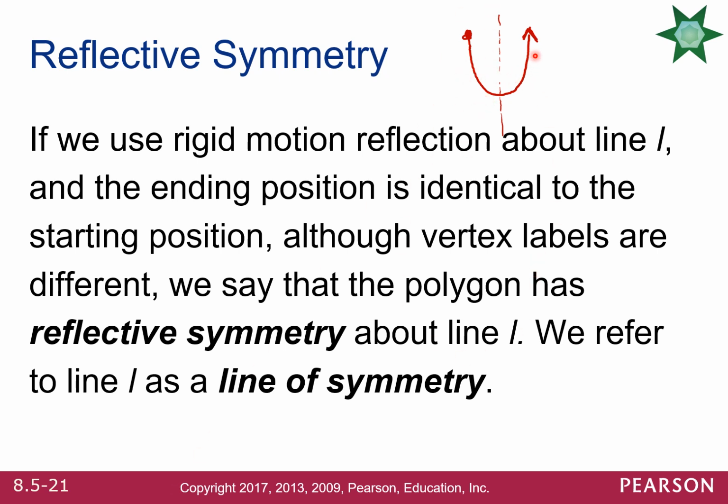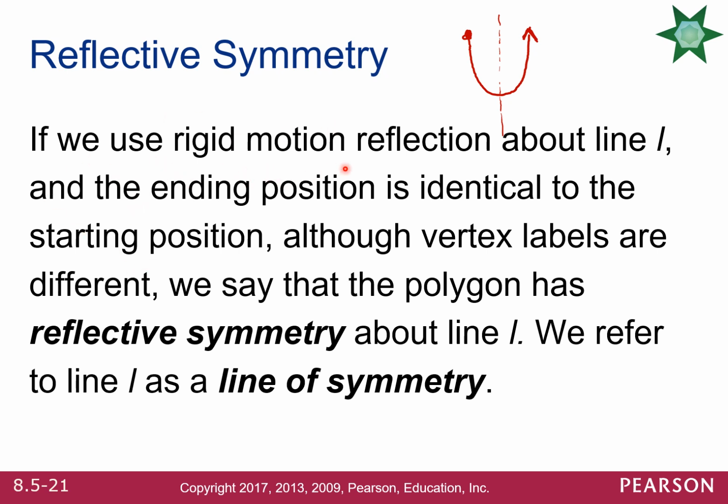And if I were to fold it, then what would happen is this end position would coincide with the starting position, right? This is the starting position, this is the ending position. If I fold it, then they will overlap, exactly onto each other. So the starting position and the ending position would fall on each other. So that's what reflective symmetry is.